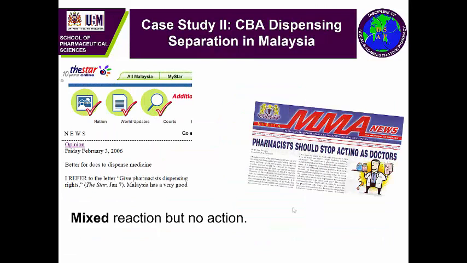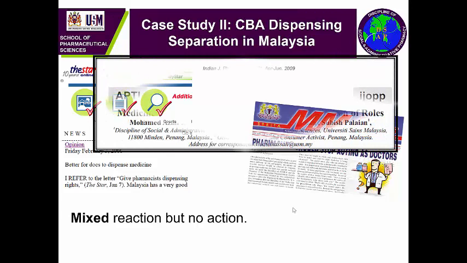Another study that we did looked at dispensing separation in Malaysia. Dispensing separation is a very old healthcare issue in Malaysia. It has been there since even before the time of the first pharmacy lecturer in Malaysia. We have been discussing it a lot, but there is always a mixed and strong reaction from either the doctors or the pharmacists, and there is no action.